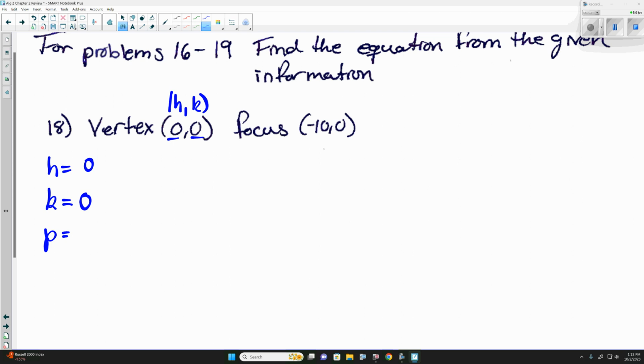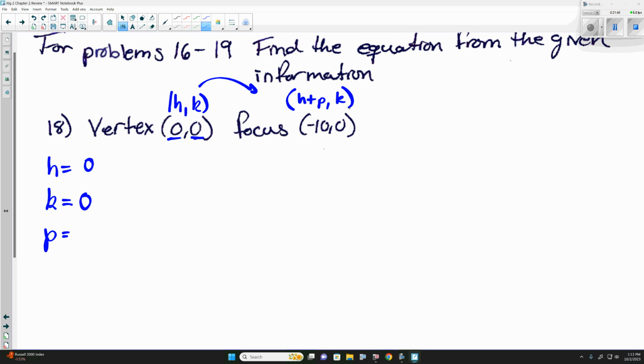Now, when we look at this here, we're wanting to see how it changes from vertex to focus. Which value changed, our h or our k? H, we added something to it, yes? So this is going to be our h plus p, comma, k.